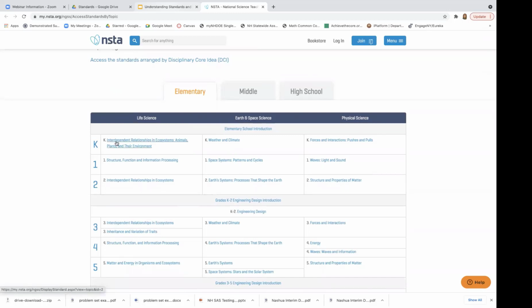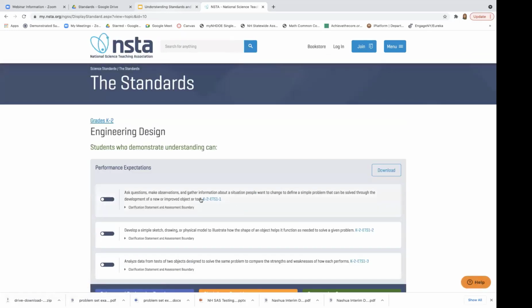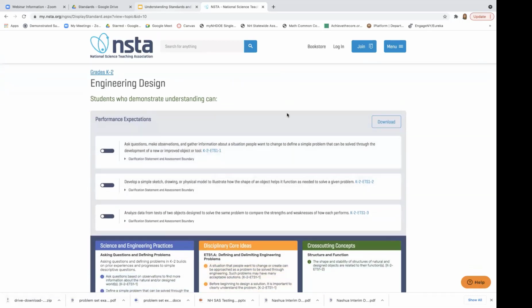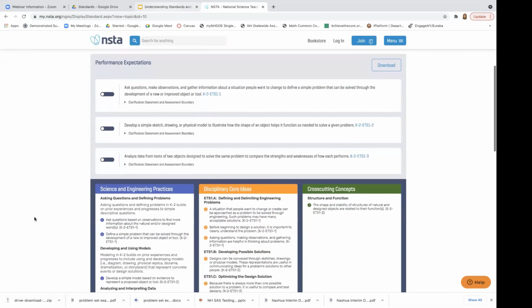So this K-1-2 also goes with the K-2 engineering and design introduction and their engineering and design area here. If I wanted to look at the engineering and design standards, this is telling me what they need to be able to do.